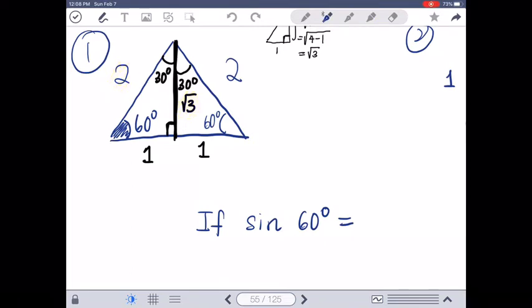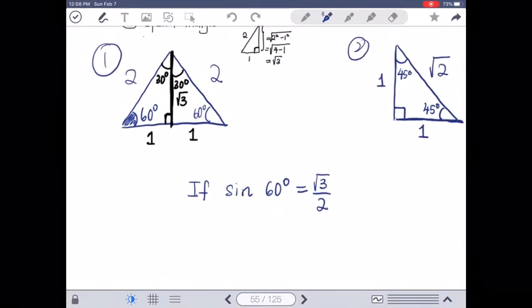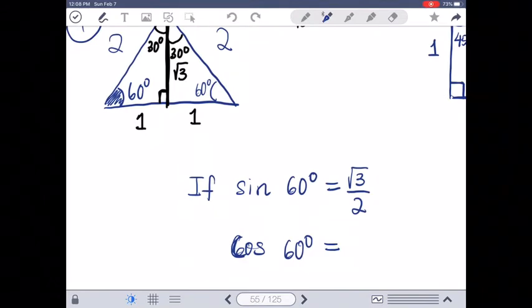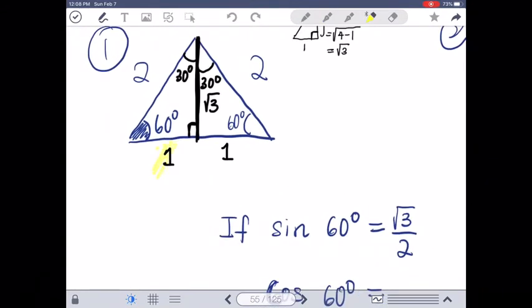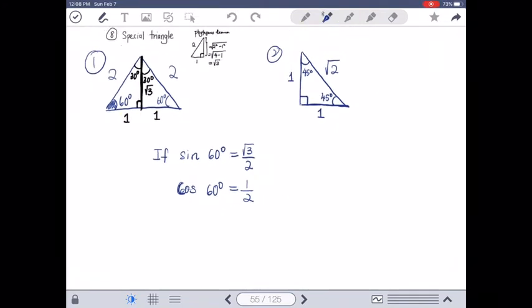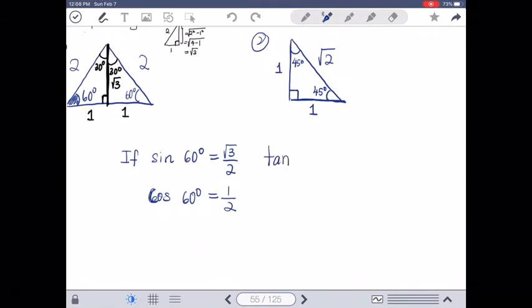So this is just the square root of 3 over 2. How about cos 60 degrees? Cos is adjacent over hypotenuse. So this is just equal to 1 over 2.